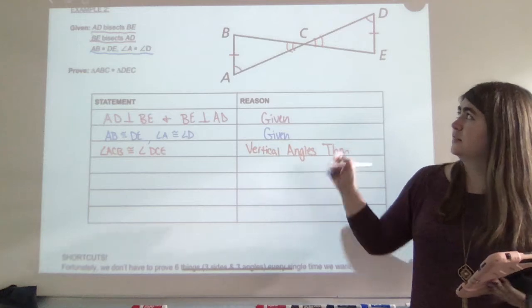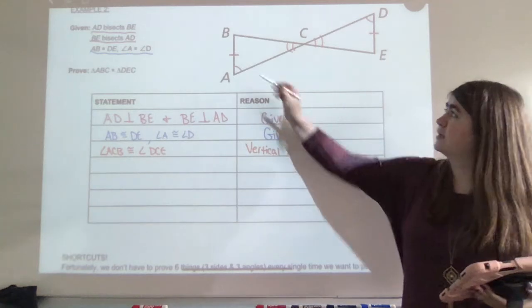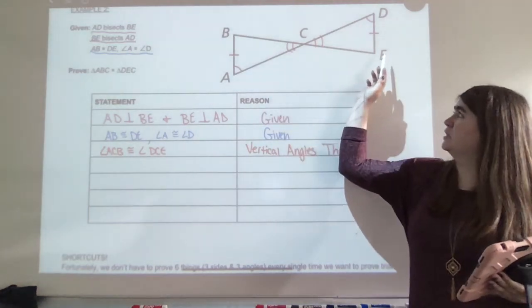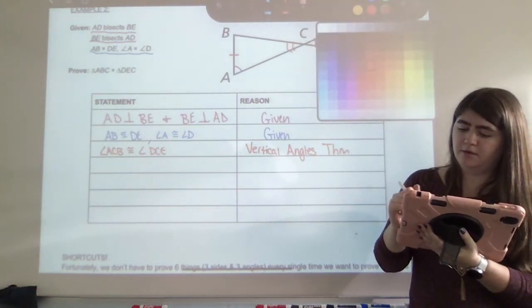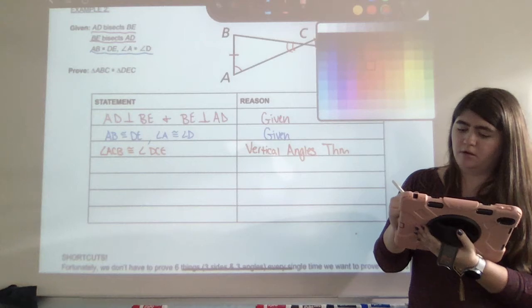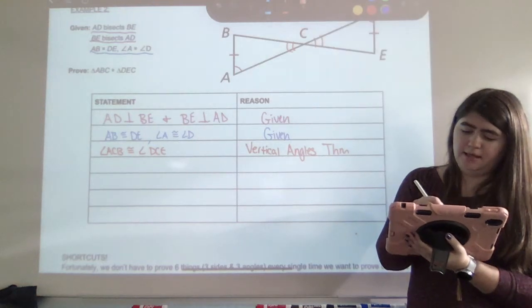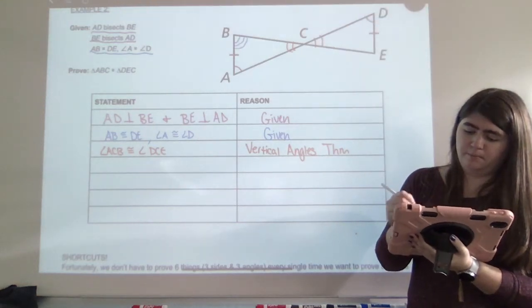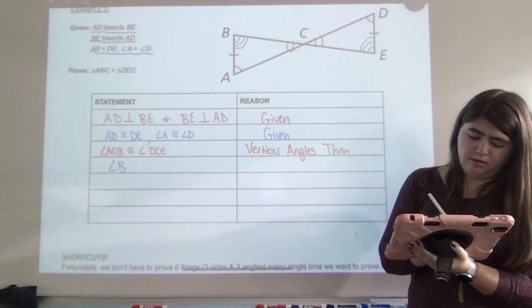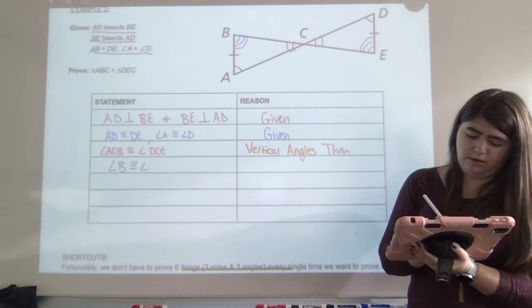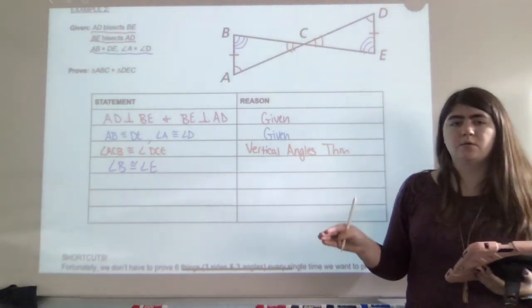Next, the only set of angles left is angle B and angle E. So I have that angle B is congruent to angle E. I'm going to put my markings on those. Why do I know that?